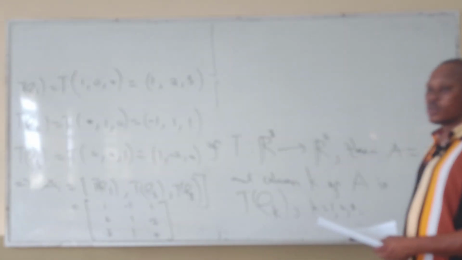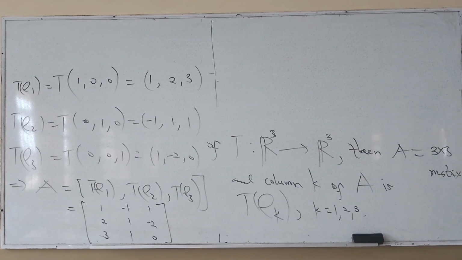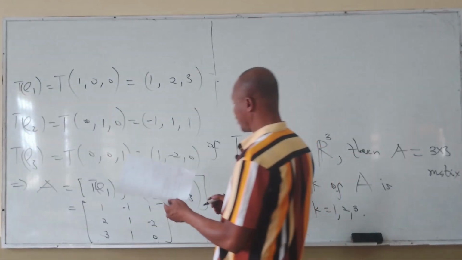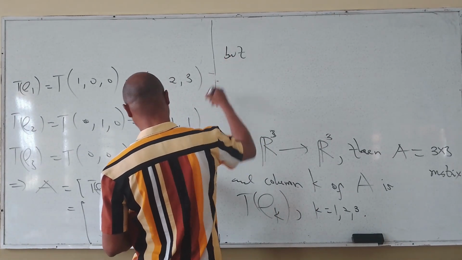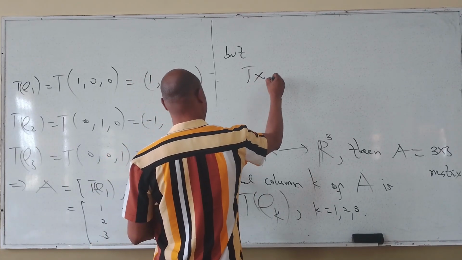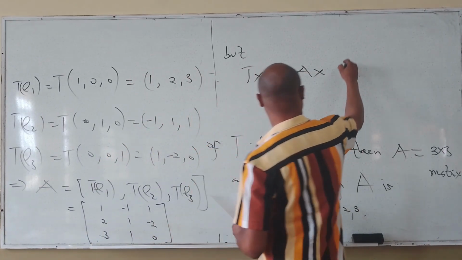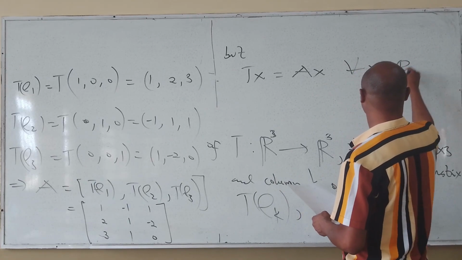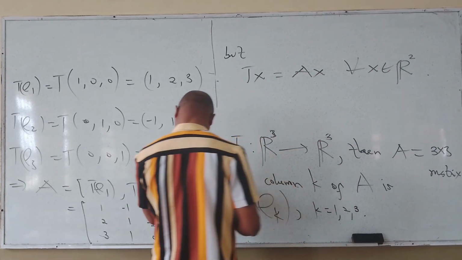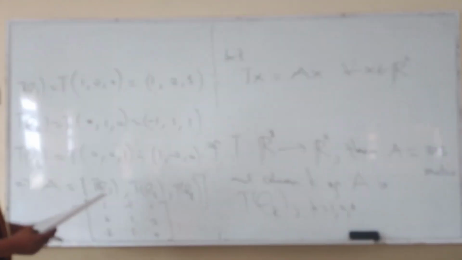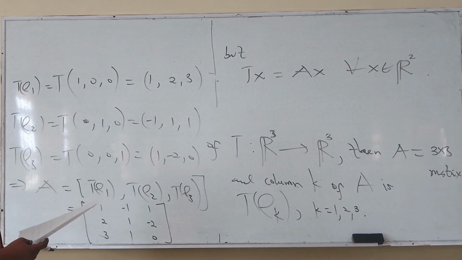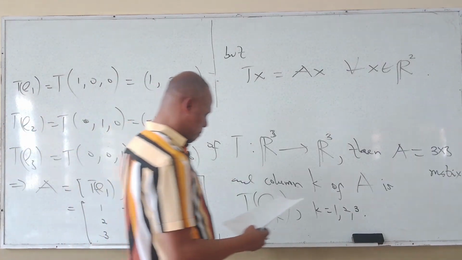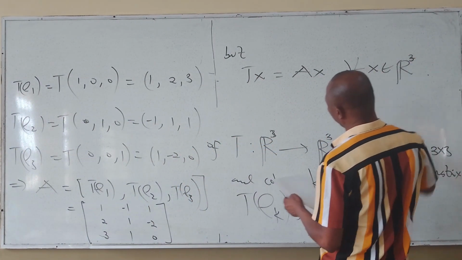Okay. So we have our standard matrix now. Once we have the standard matrix, you can use it to determine the T of what I wrote earlier, T of (3, 4, -5). T of x is always equal to Ax for every x a member of R cube.